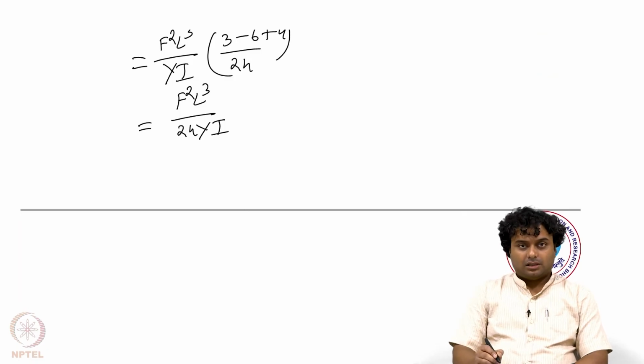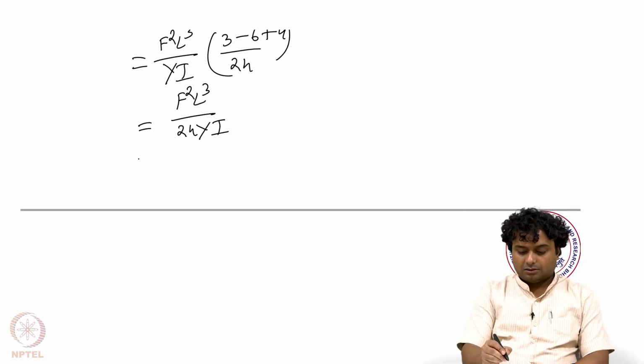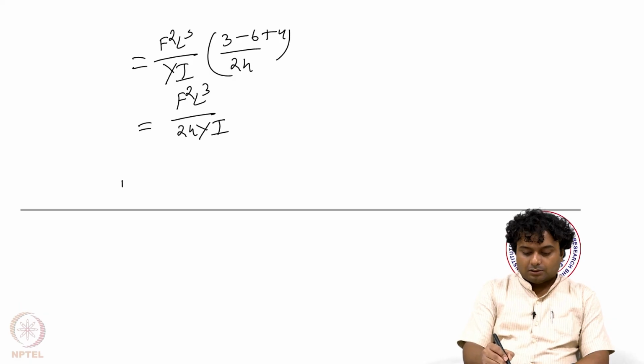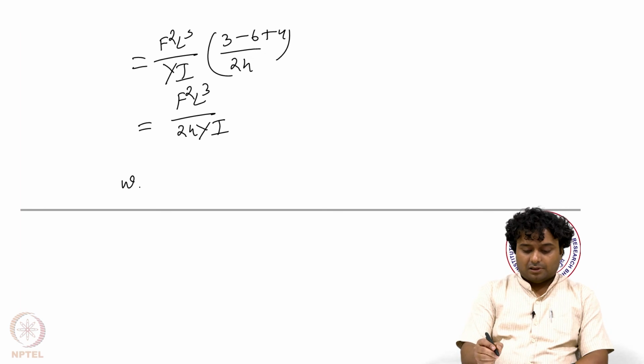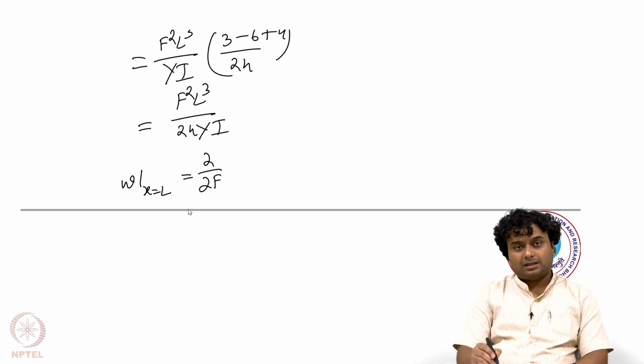Now we need to calculate the deflection, that is W, right? W deflection is because of which force? F, right. So W at x equal to L is the derivative with respect to force F, because force F is acting at the tip of the cantilever, at x equal to L, and that is causing the deflection of the tip.